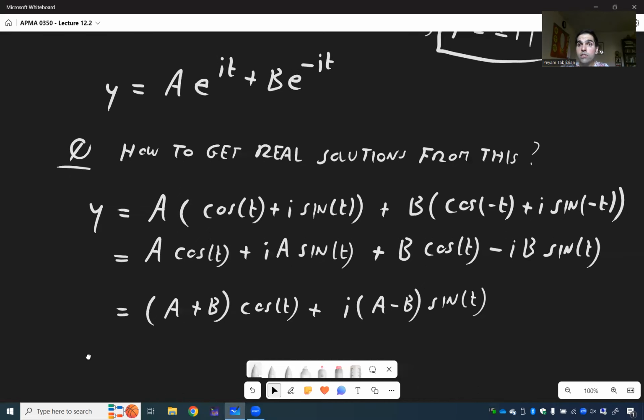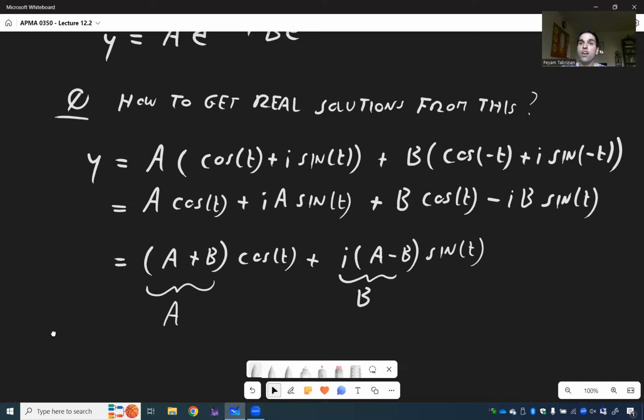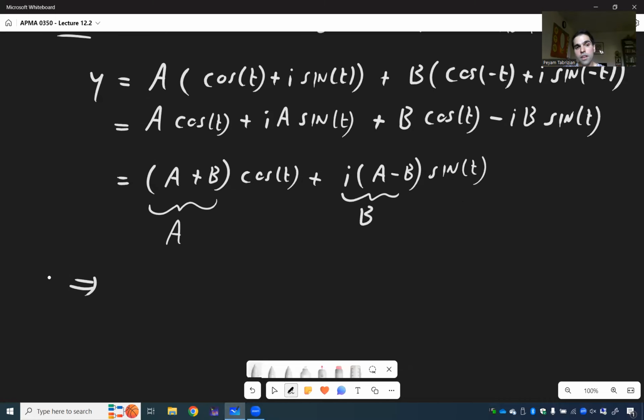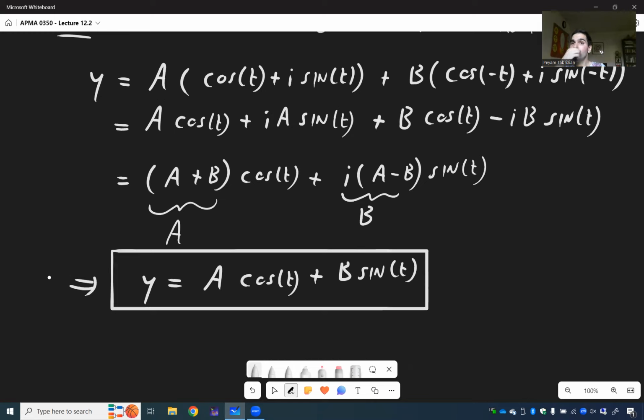And now, since A and B are arbitrary, so are A plus B and i times A minus B, so we can just replace them by A and B. And therefore, we get our solution, y, which is A cosine t plus B sine t. So the moral of the story is, whenever you have complex roots, you get some cosine and sine that appears.